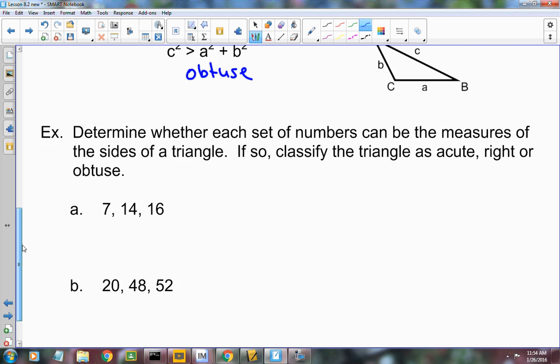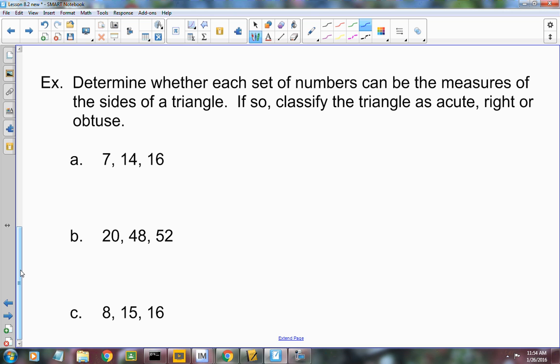So let's look at a couple of examples. We want to first determine if it's a triangle, and then we want to determine if it's right, acute, or obtuse. So looking at this first one, 7, 14, 16, first of all, does it make a triangle? Yes, it is a triangle. Then we want to test it in terms of the longer side.